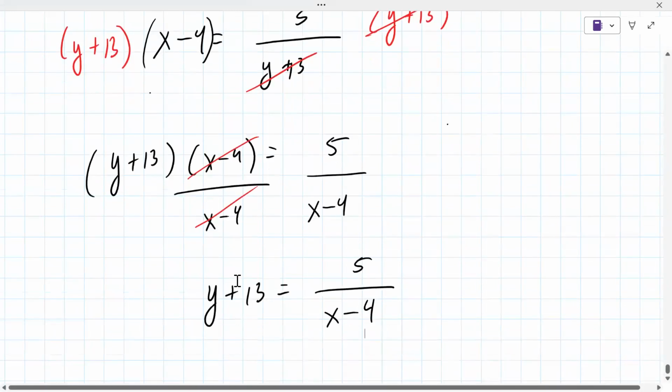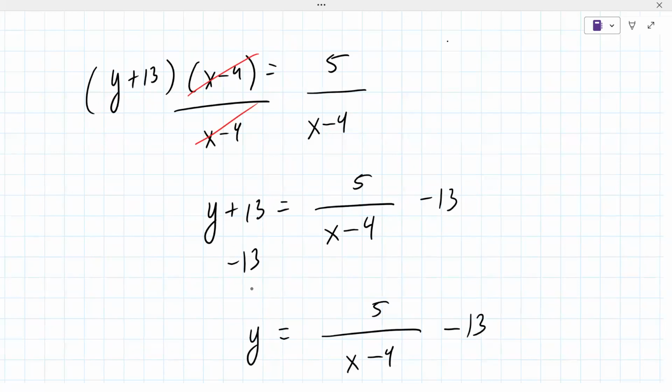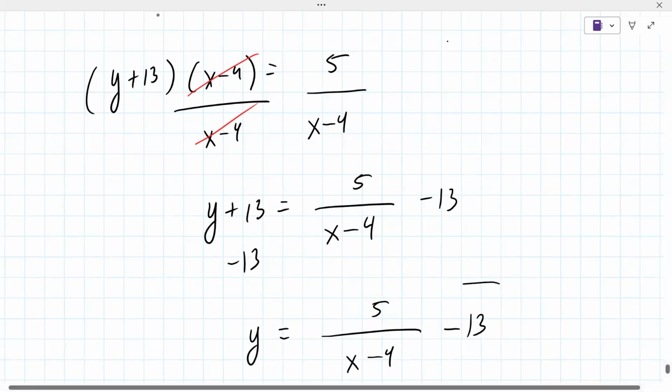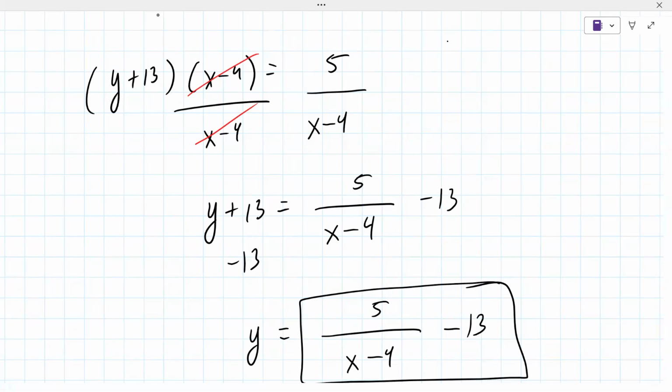And then you subtract 13 from both sides. y equals 5 over x minus 4 minus 13, like that. Definitely would recommend practicing a few of those on your own.